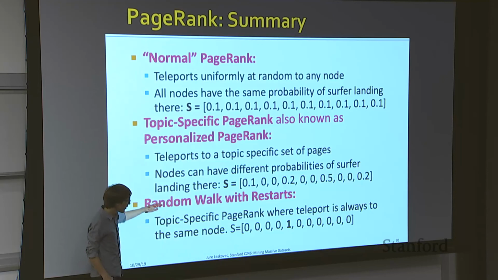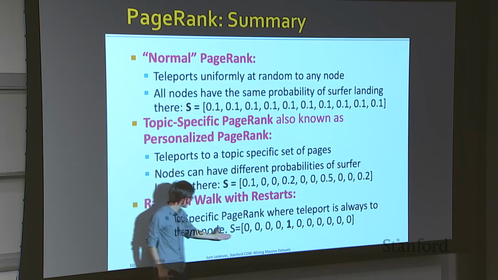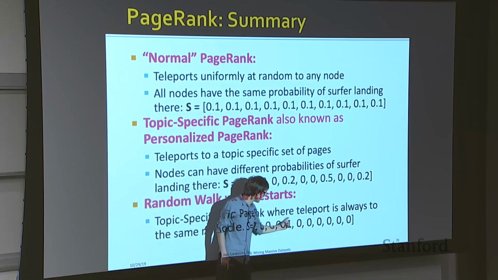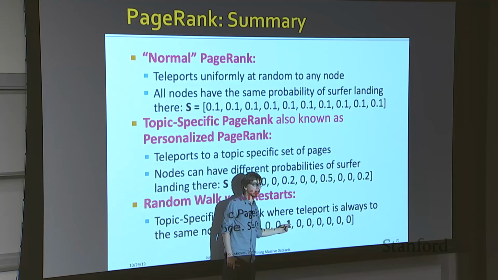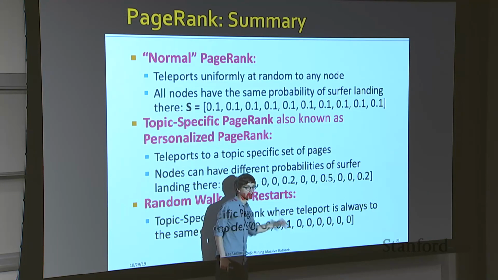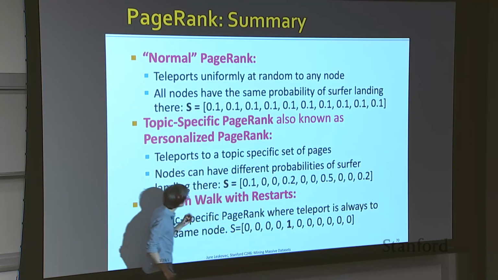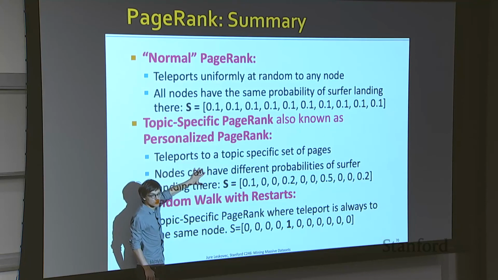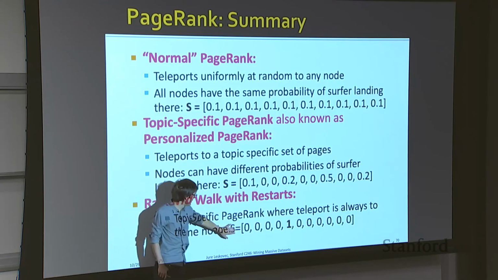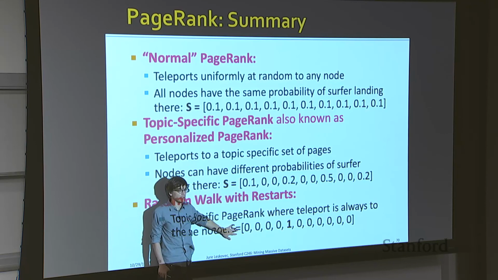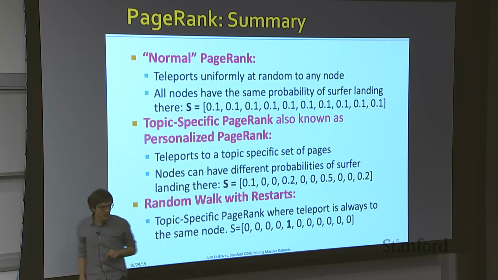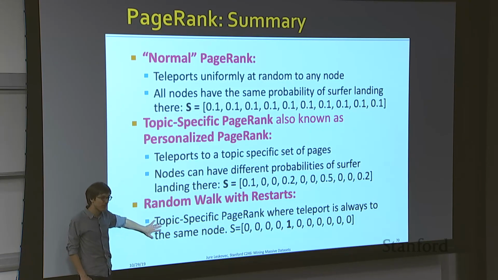And then random walk with restarts, whose teleportation vector is different. You always teleport to the same starting node. So the teleportation vector looks like this. While the first two we usually solve with power iteration, random walk with restarts you can just simulate. Literally, you can simulate the random walker, and that is super fast, super easy, and gives really good results.